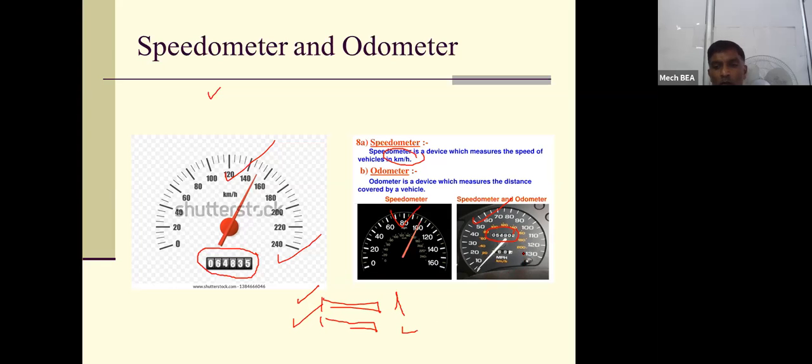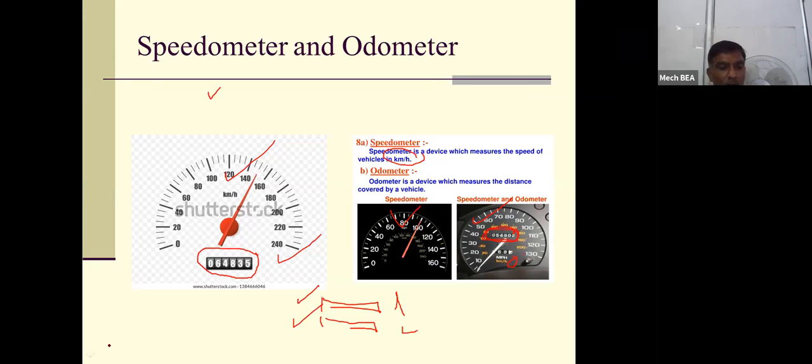Such buttons are provided here so that we can put it on zero reading. Again, for the trip we can calculate the total kilometers traveled by that vehicle, and this reading is not going to be changed.